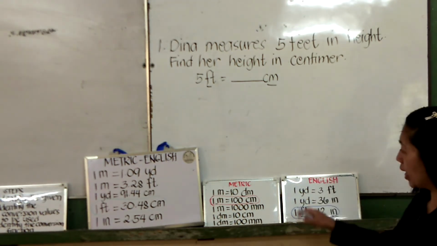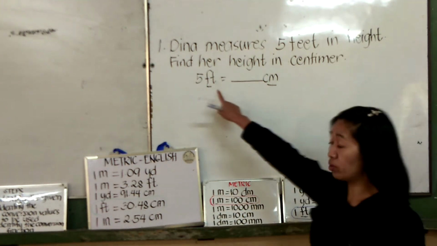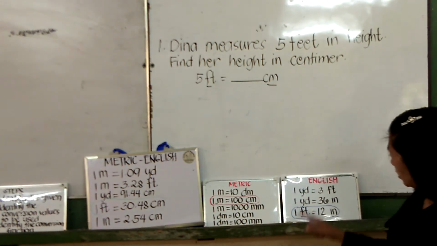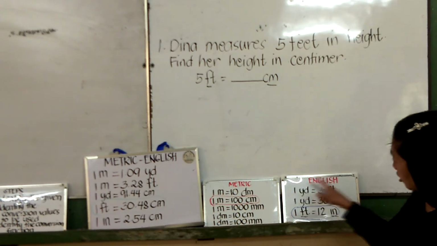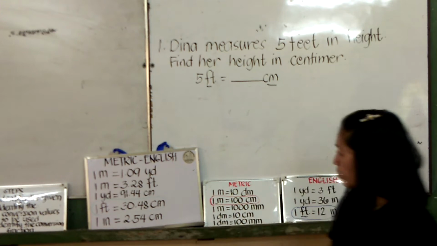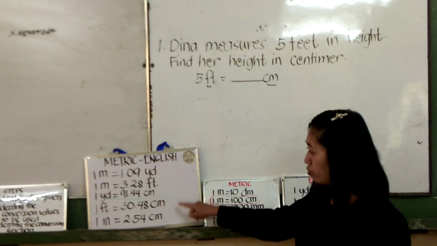So we will look at the 3 conversion of units. Where do we find your feet and centimeter? Okay, so let's see. Where is feet? Feet is with inches. Okay, so we'll find it here on the metric and English conversion of units.